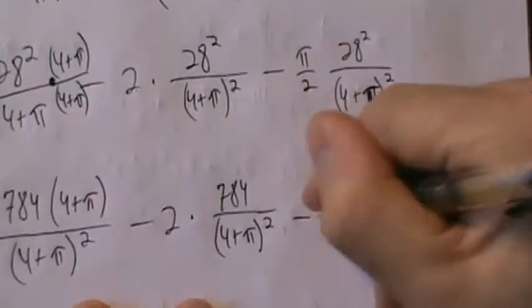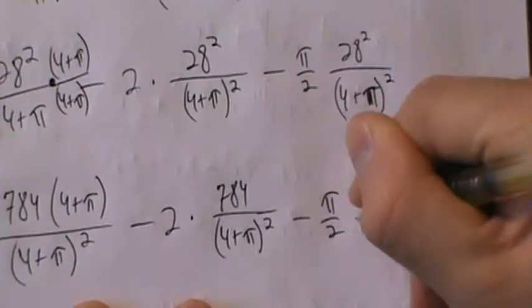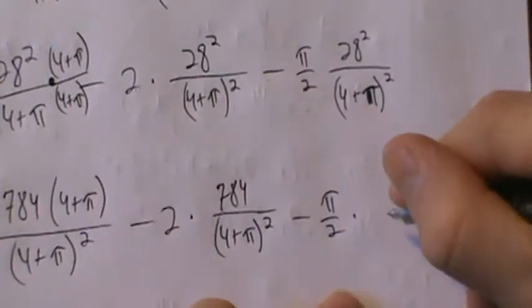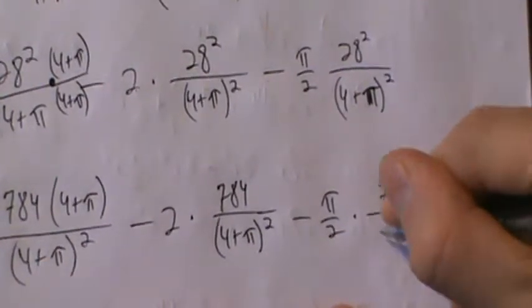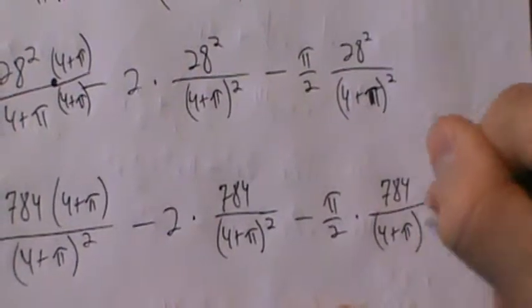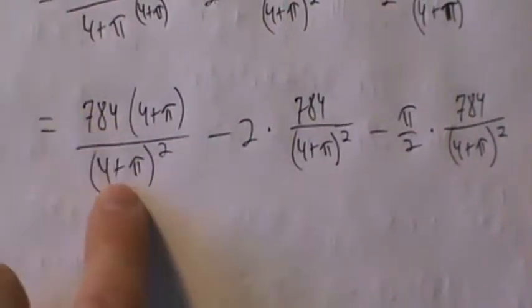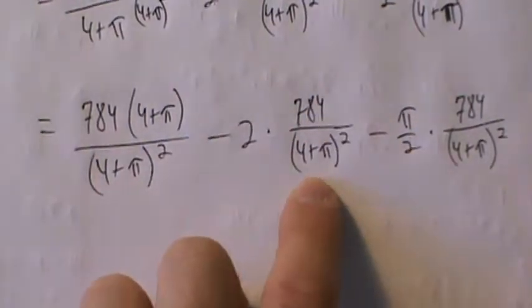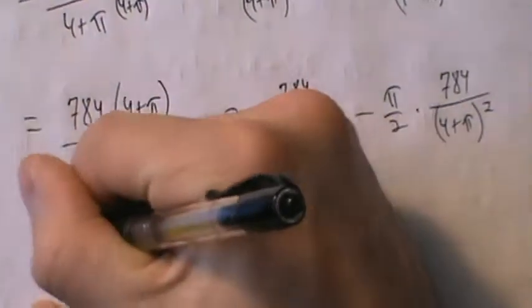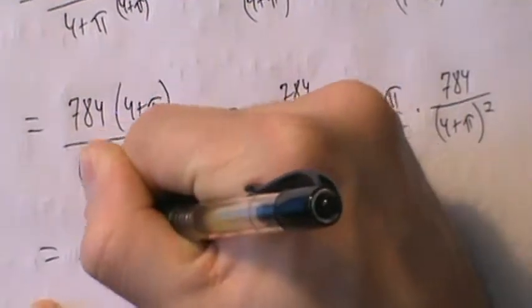Okay, and then minus pi over 2 times 28 squared was 784 again, and then on the bottom 4 plus pi squared still. Okay, so now 784, 4 plus pi squared, 784, 4 plus pi squared, 784, 4 plus pi squared. That is terrific because now we can factor that out from everything.